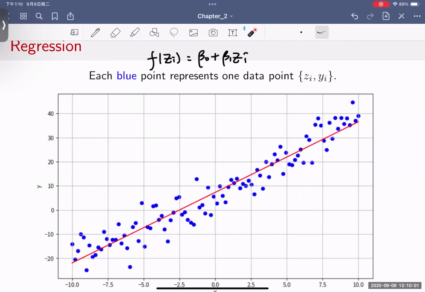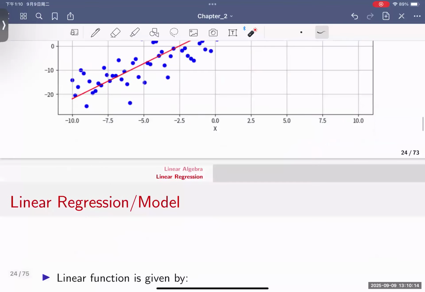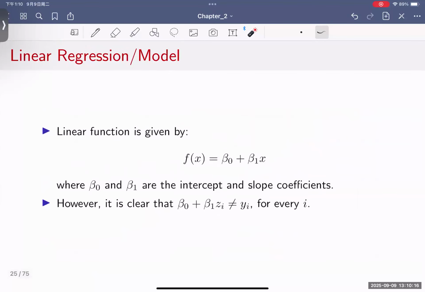We should try to explain why. Given a straight line, why is there some discrepancy between the line and the corresponding observation? So maybe a quick summary: based on data, we have this guess, this modeling, that f may be a linear function.